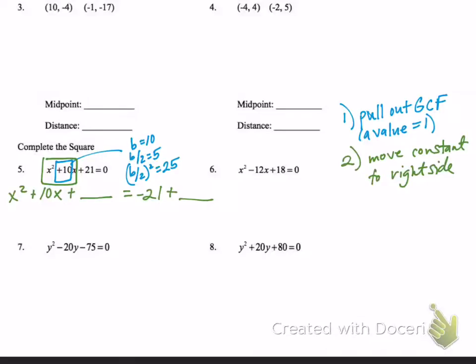And so what I put inside the blanks is the b over 2 squared. So I'm going to add 25 to each side. The reason why I add 25 to each side is because my third step, so I add the b over 2 squared.